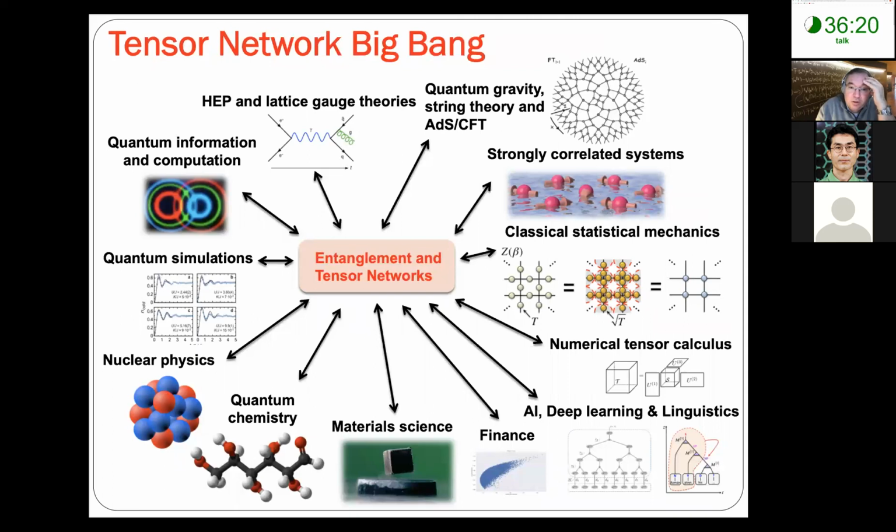Every time I give this talk, I always have to add one more arrow here. The one that has appeared very recently has to do with deep learning, artificial intelligence, linguistics, and so on, and also finance. We are starting to apply this to very complicated finance calculations, such as optimizations and also some machine learning. I will not talk about that here, but in machine learning, it turns out that tensor networks are being very successful.